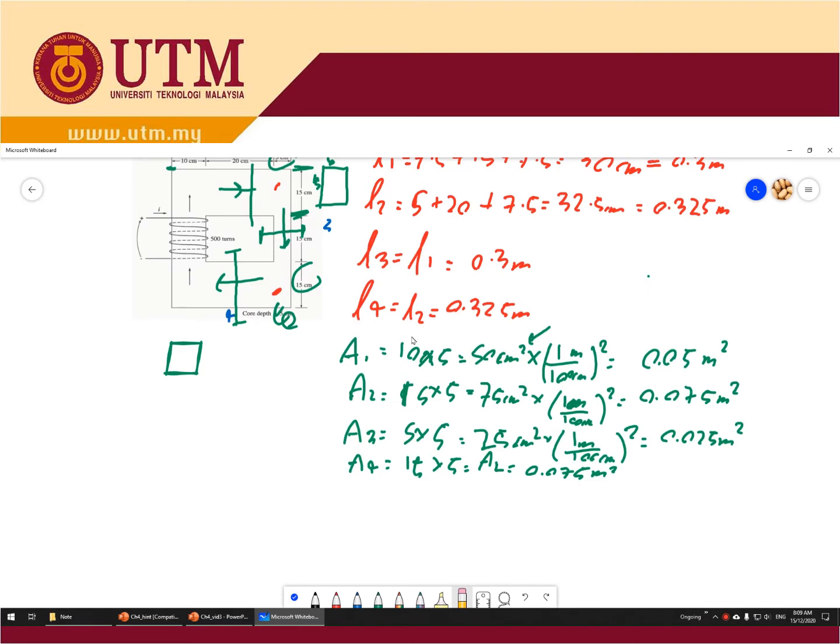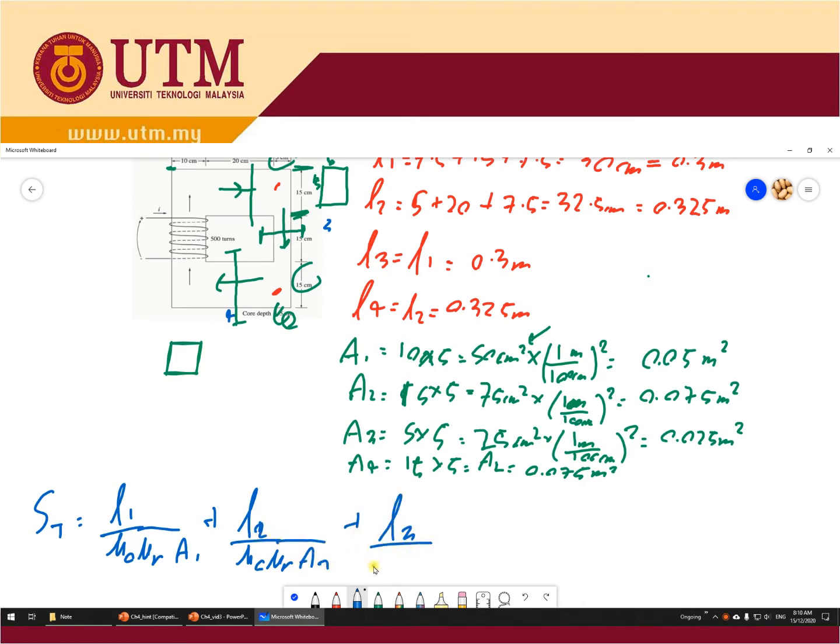Okay, reluctance total. So S total is basically L1 divided by mu naught mu R A1 plus L2 divided by mu naught mu R A2, plus L3 divided by mu naught mu R A3 plus L4 divided by mu naught mu R A4.